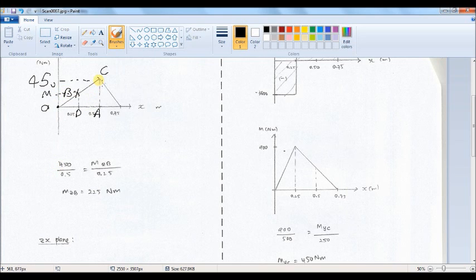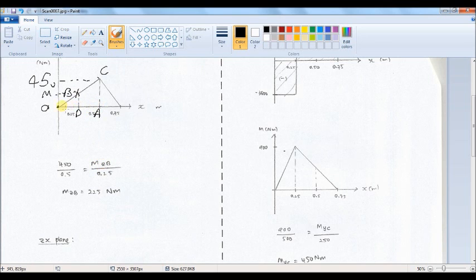So CA, 450, is similar to the moment at B or BD, which is the value we are looking for.